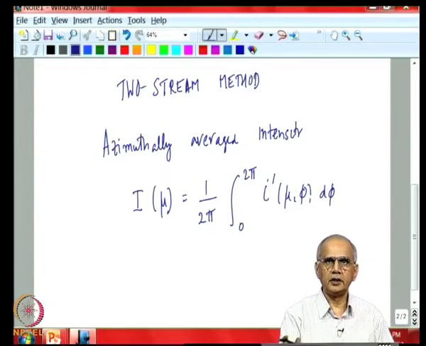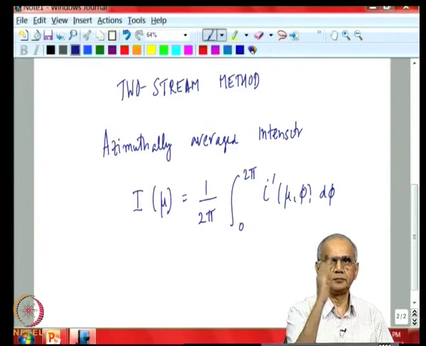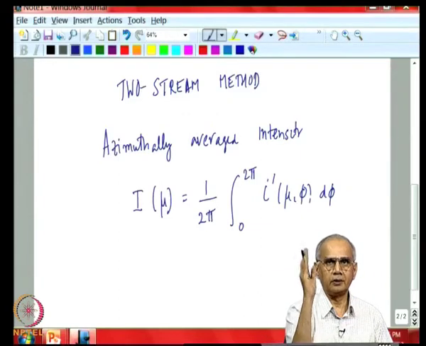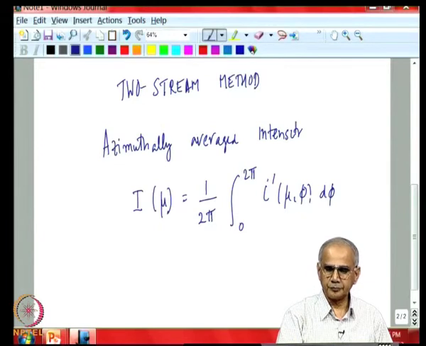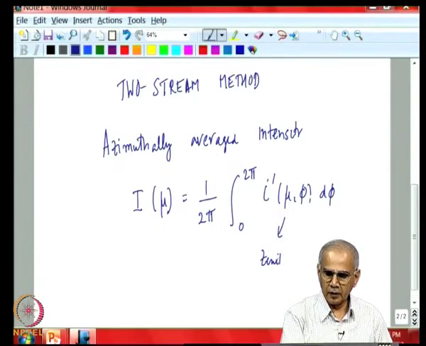So, you average the intensity over the azimuth angle, and only account for the zenith angle. So, this refers to zenith angle, and this refers to azimuth angle.